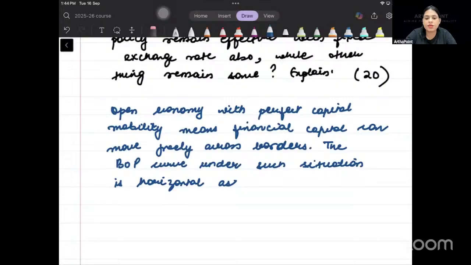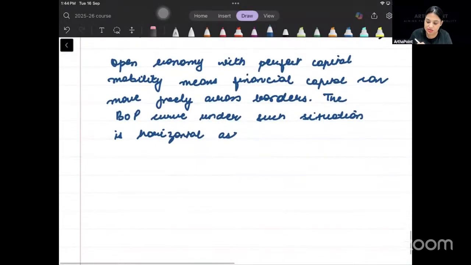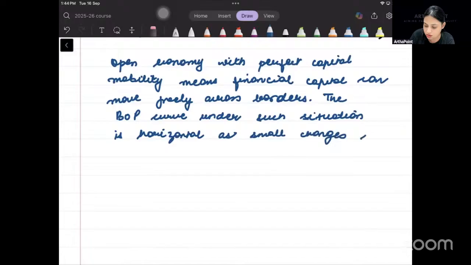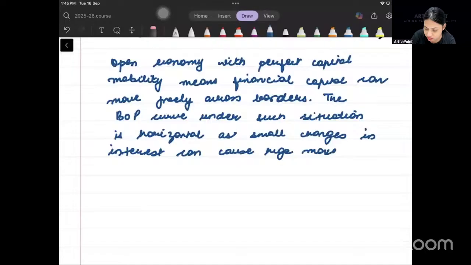The balance of payment curve in this situation is horizontal as very small changes in interest rate can cause huge movements in capital.